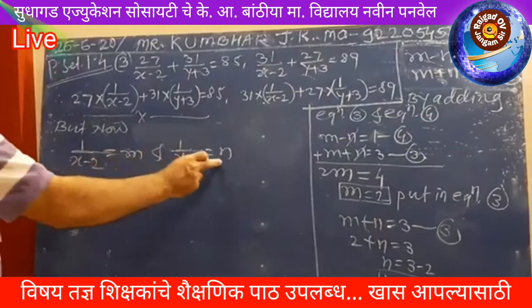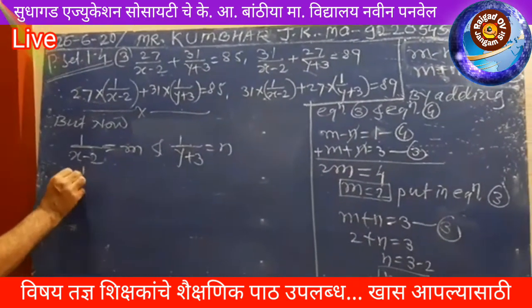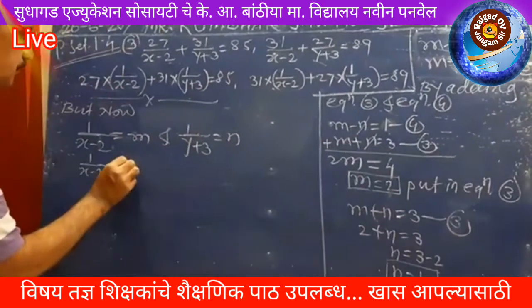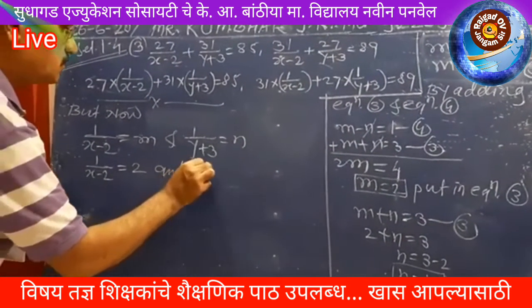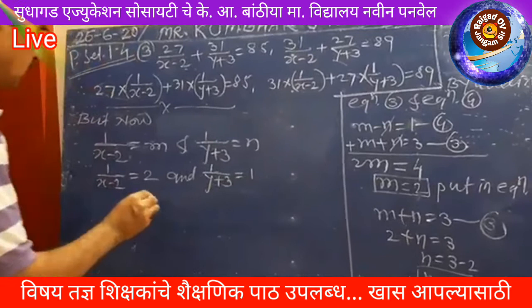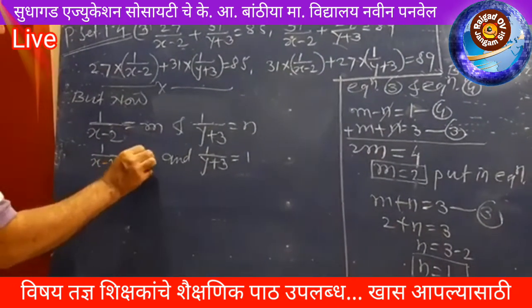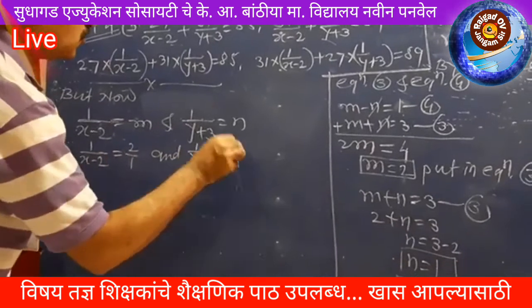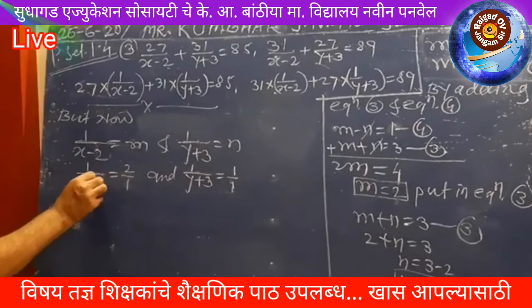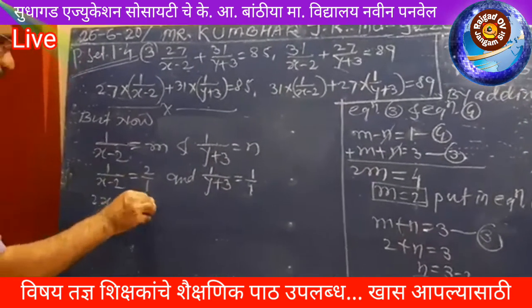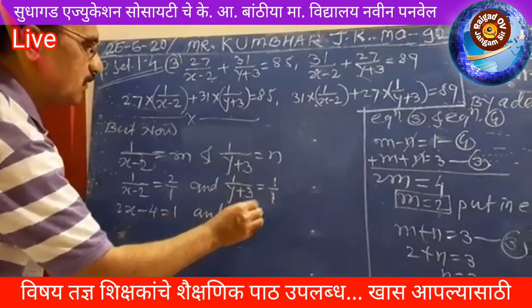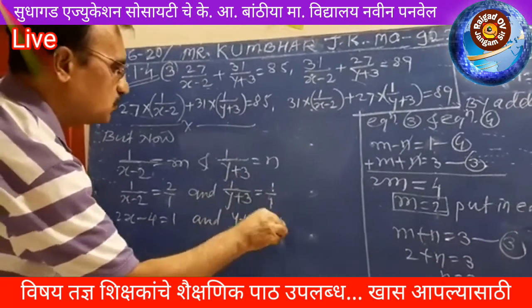Replace the values of m and n from this. 1 upon x minus 2 is equal to 2, and 1 upon y plus 3 is equal to 1. Cross multiplication. For convenience, we can write 2 upon 1 and 1 upon 1. After cross multiplication, 2 into x is 2x, minus 2 twos are 4, is equal to 1 into 1, 1. Here y plus 3 is equal to 1 into 1 is 1.